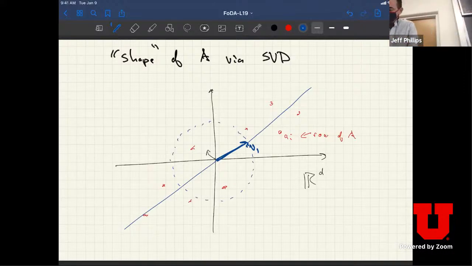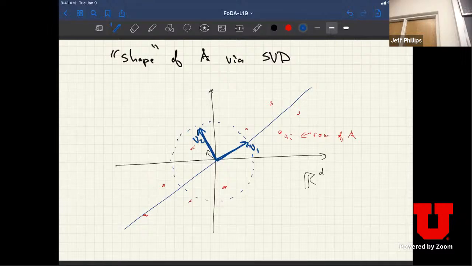And then V2, I've happened to draw these in the plane. V2 is the direction with the second most variation, but it must be orthogonal to V1.